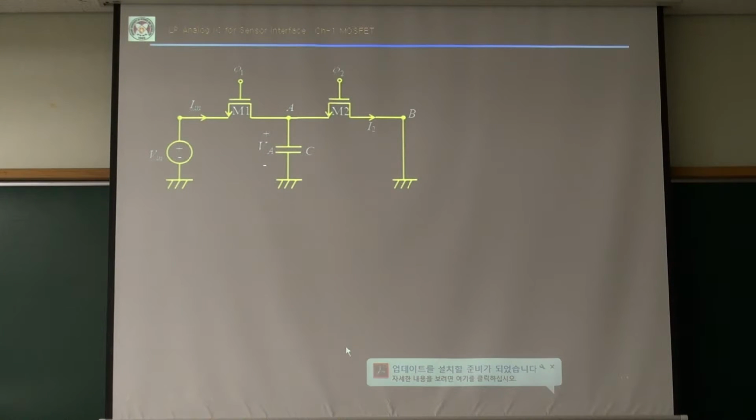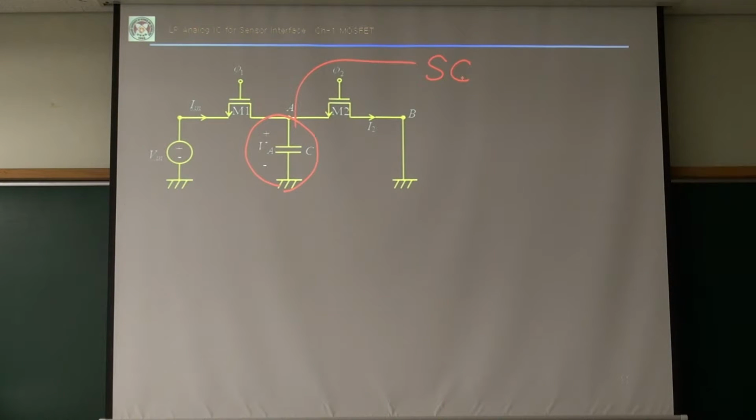Okay, so this capacitor is a switched capacitor because during one phase, phi 1, it gets signal information from the input voltage source Vin, and then in the next phase, phi 2, it loses all the signal information, right?